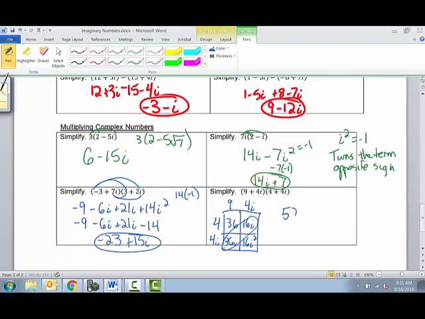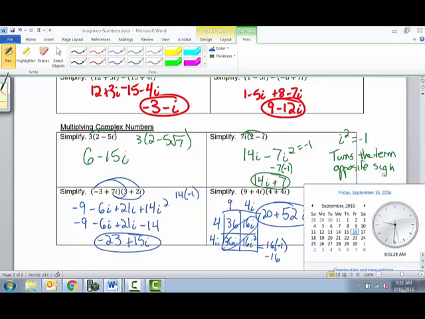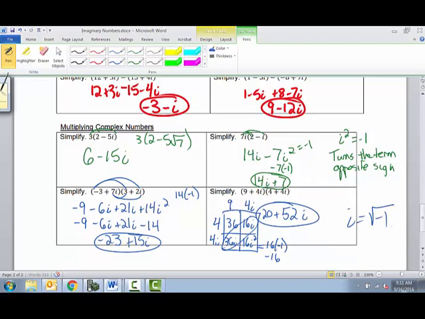So 52i. Remember, 16i squared is really like 16 times negative 1, so it's negative 16. And the 36 gives me a positive 20. So it's the same thing we were doing with radicals, because square root of negative 1 is a radical. It's the same thing.